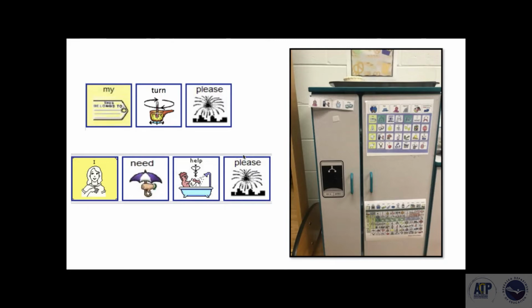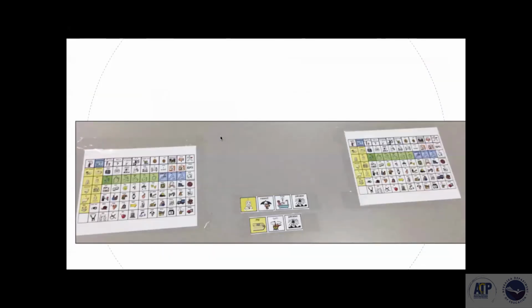And so we have the strip here, it says, "My turn, please," or "I need help, please." There's also on the visual on the right, a strip that says, "I want to play." So they can take these, they can hand them to their peer, and they can also then use them as a visual guide to communicate these things.